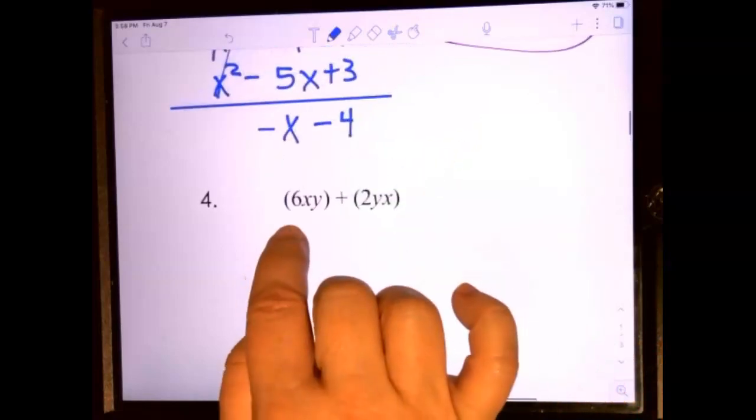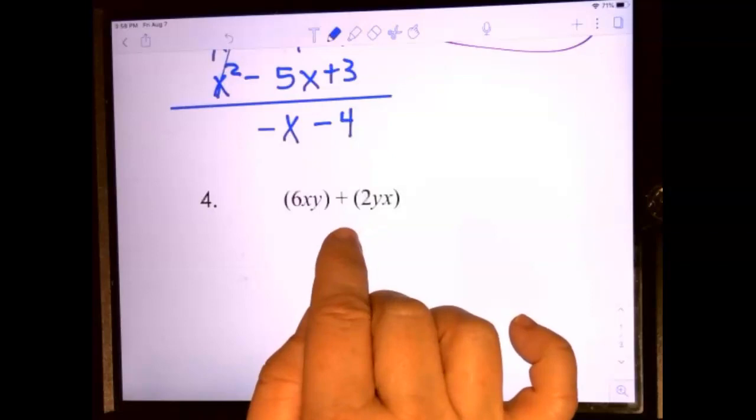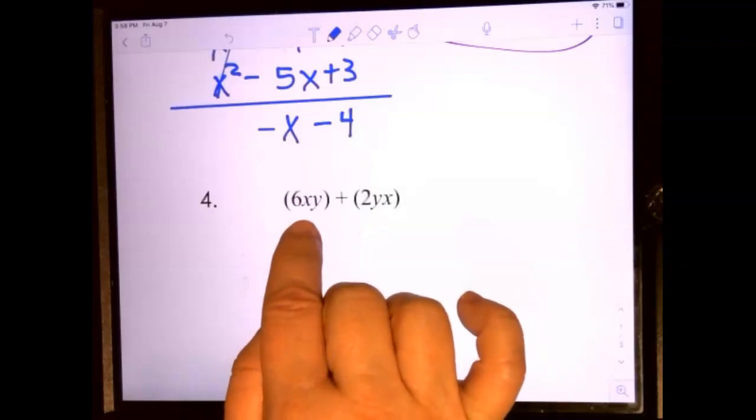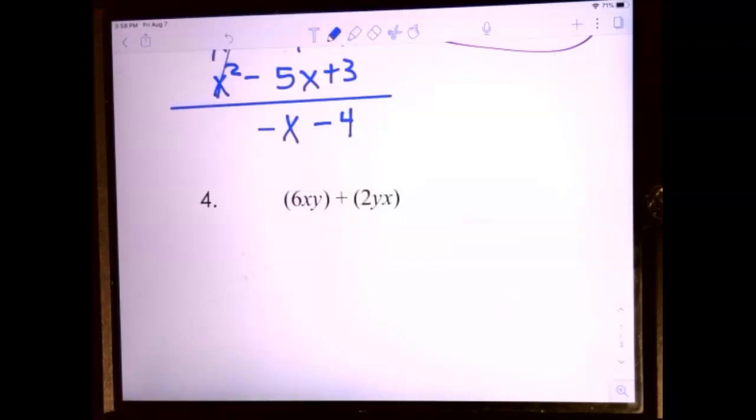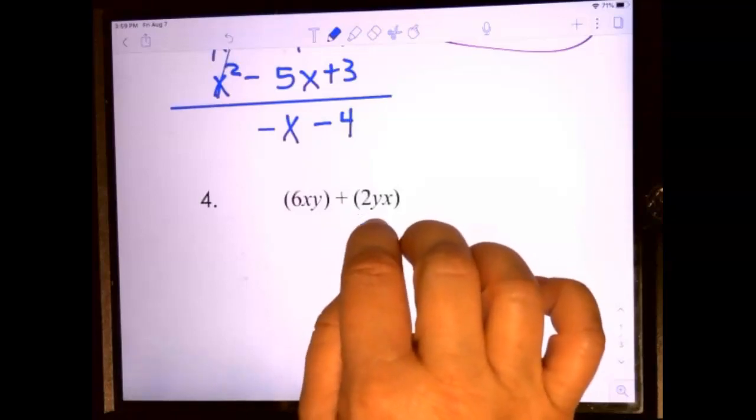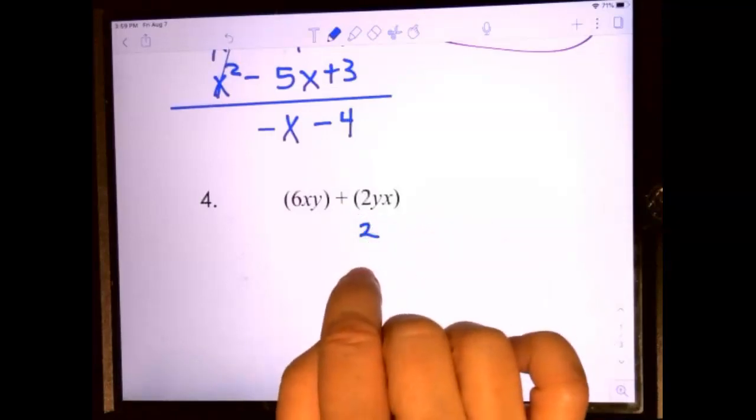Okay, here we have only 2 monomials. I have 6xy plus 2yx. Are those like terms? They don't look the same. Some of you said yes, and some of you said no. But if we rearrange, can I multiply in a different order?